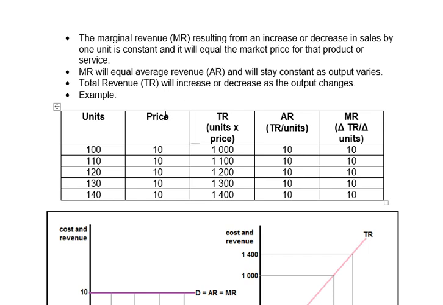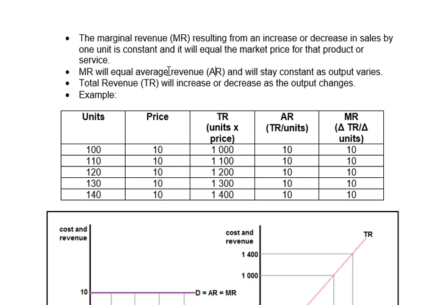So because your marginal revenue is equal to the price, it goes without saying that the marginal revenue is equal to the average revenue, and both of them are equal to the price. And because the price is constant, my MR and my AR will also be constant.